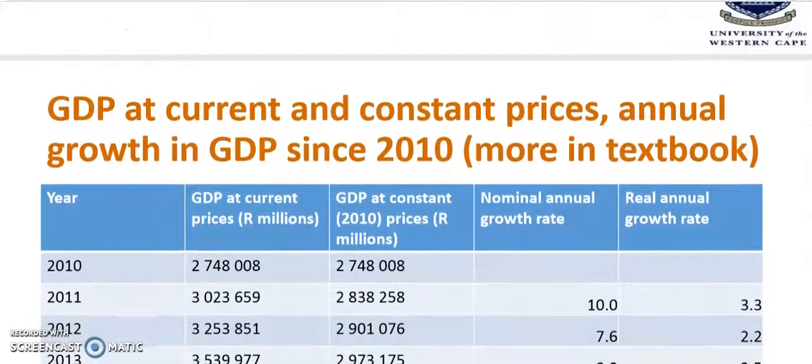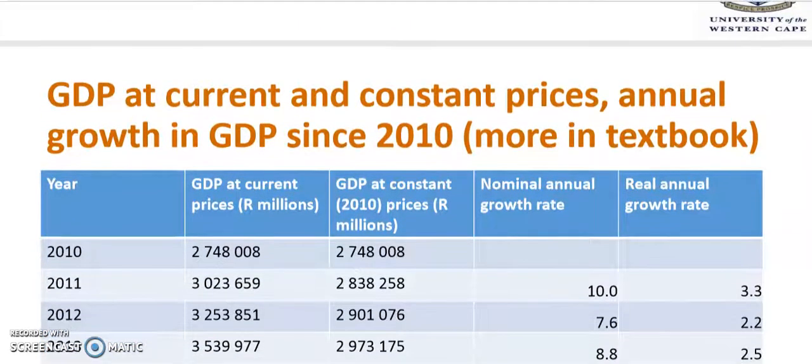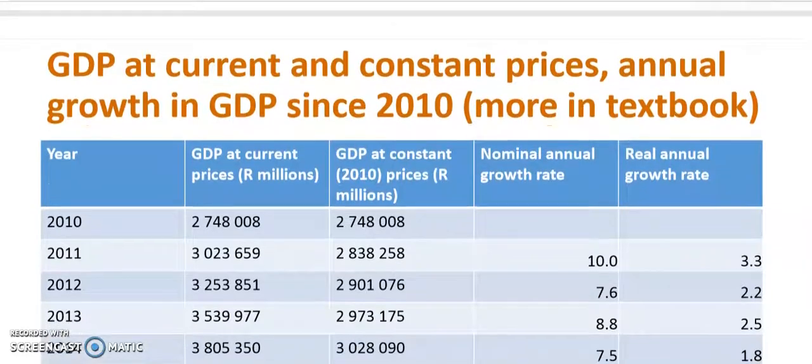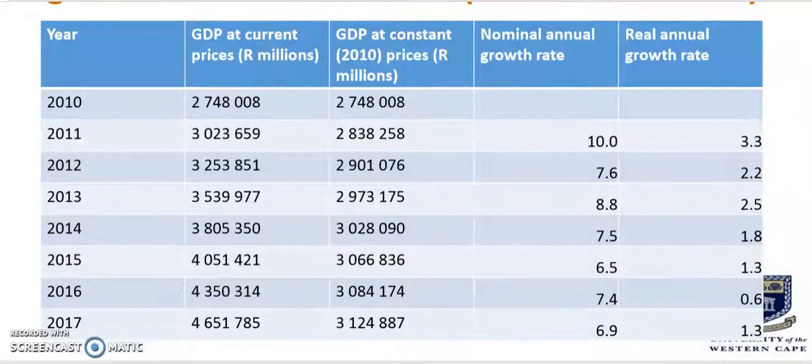GDP at current and constant prices, annual growth in GDP since 2010. So this represents the GDP at current prices, and then this is the GDP at constant prices from the year 2010 until 2017.